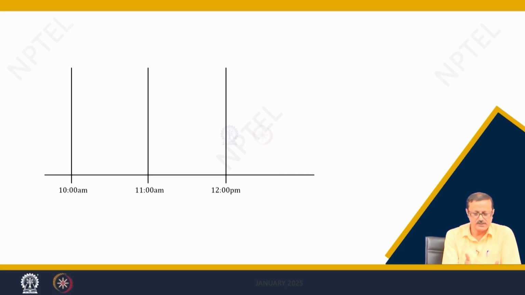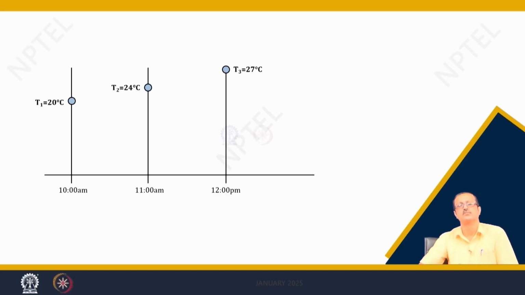Suppose I have 3 timelines: 10 am, 11 am and 12 pm in the morning. If you go outside, there are 3 different temperatures. The temperature is increasing: 20, 24 and 27 degrees at these 3 times.